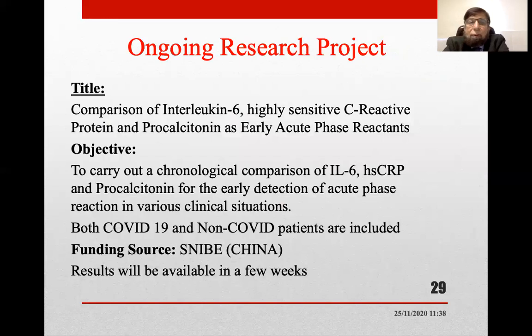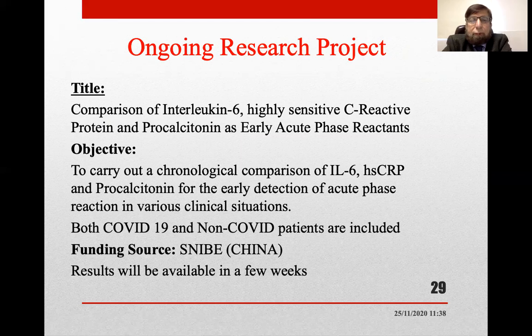We have an ongoing project also, thanks to Snibe China, the firm which has provided us the instrument Maglumi. The title is Comparison of Interleukin 6, Highly Sensitive CRP and Procalcitonin as Early Acute Phase Reactants.